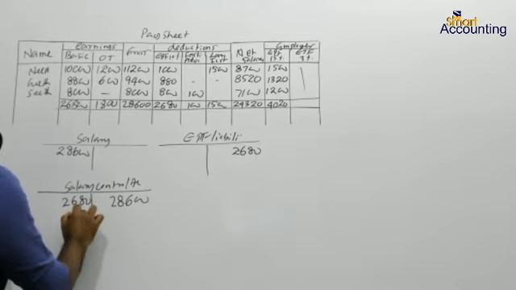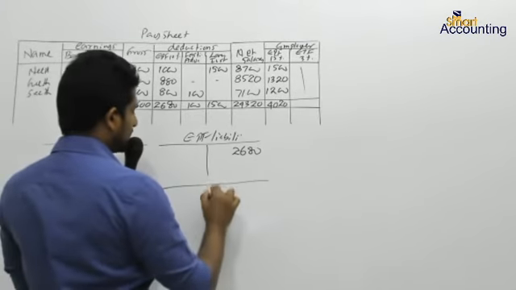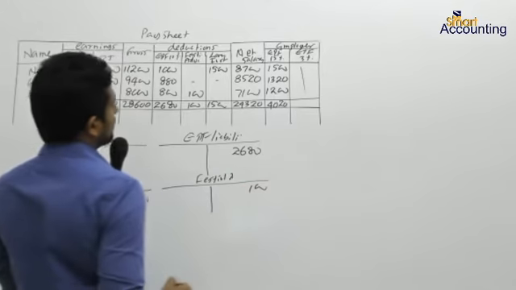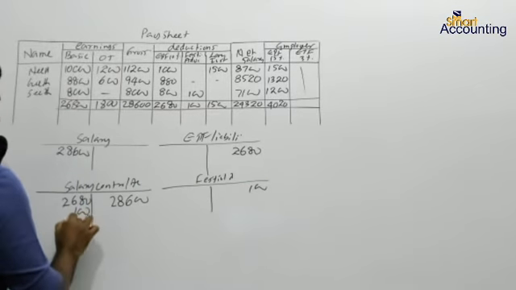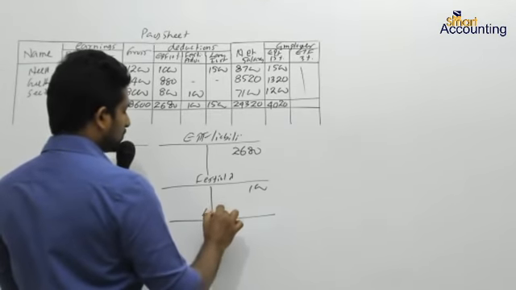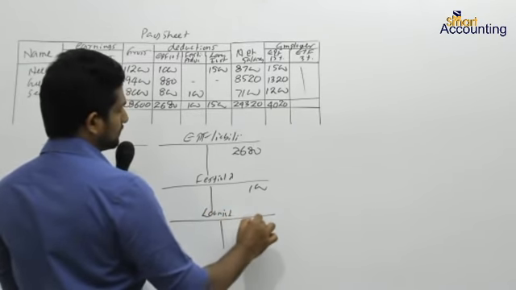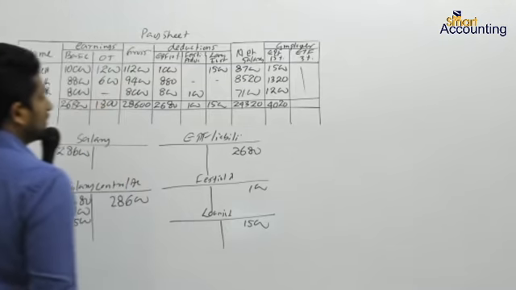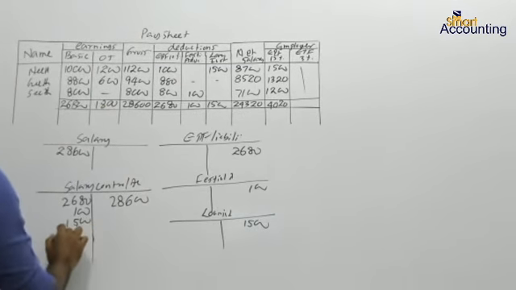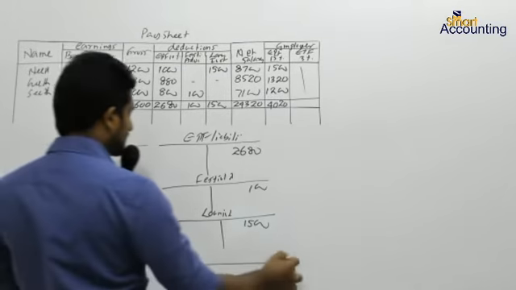Festival advance 100, this account debit and credit to festival advance. Loan installment, salary and wages control account debit, credit that to loan installment account. Net salary payment 24,320. This should be credited to accrued salary account.